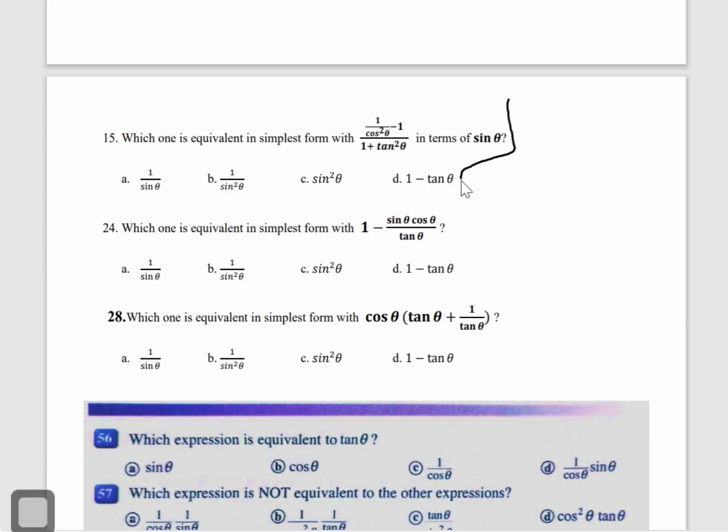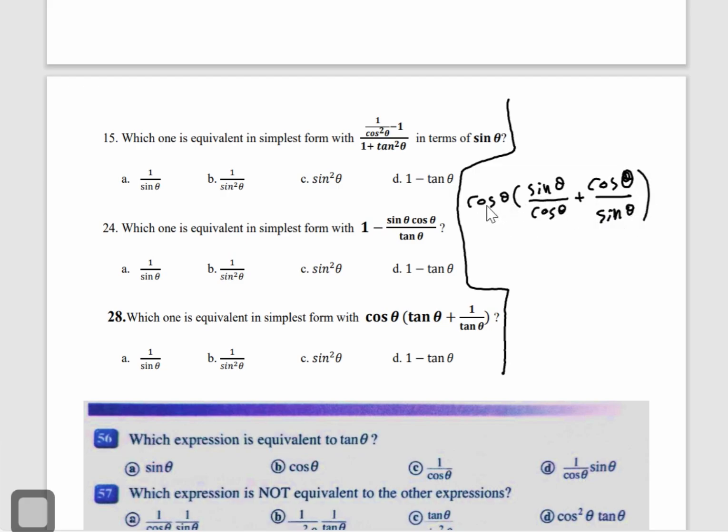For exercise number 28, we have cosine theta multiplied by tan theta plus 1 over tan. We can say that cosine theta multiplied by tan is sine theta over cosine theta, plus 1 over tan is cosine theta over sine theta.